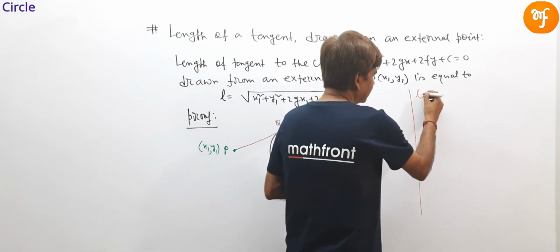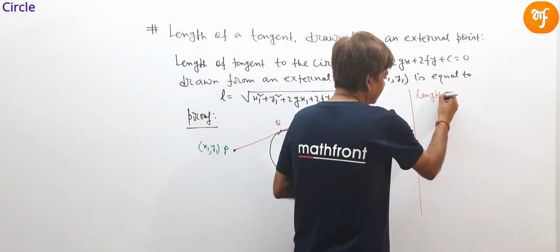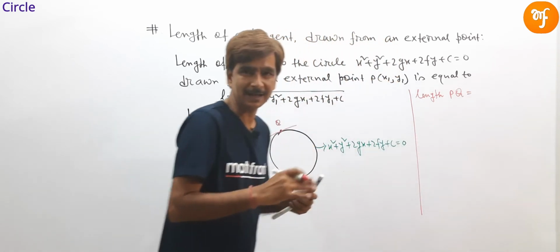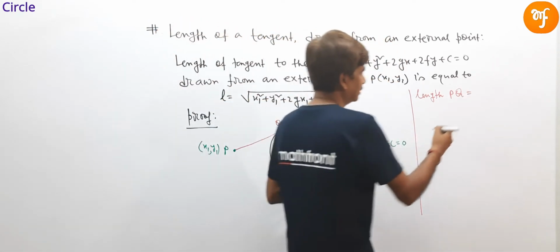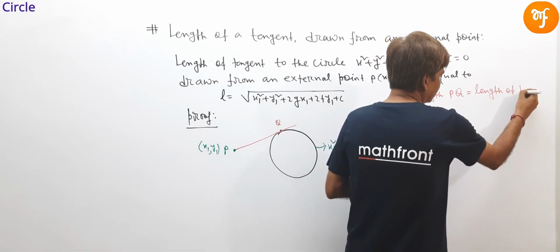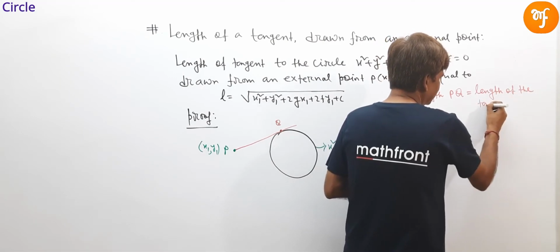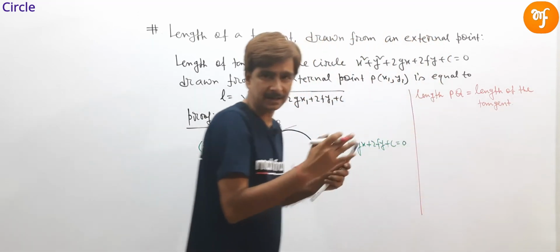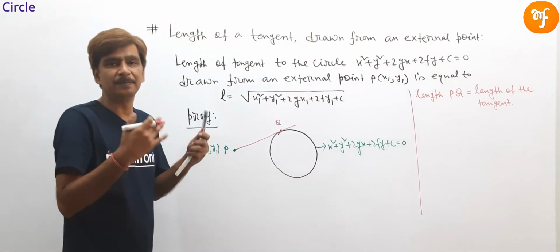So length PQ is what? It is the length of the tangent. So what do we want to find? We want to find the value of PQ.